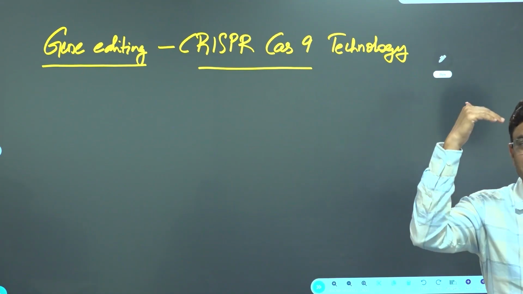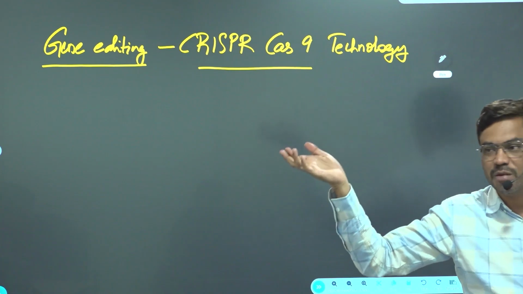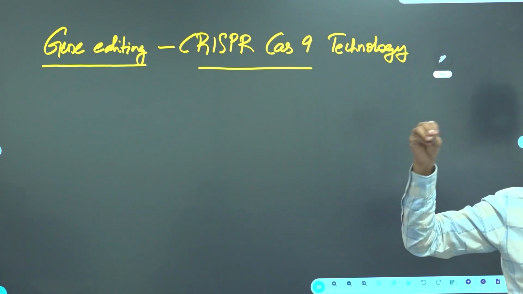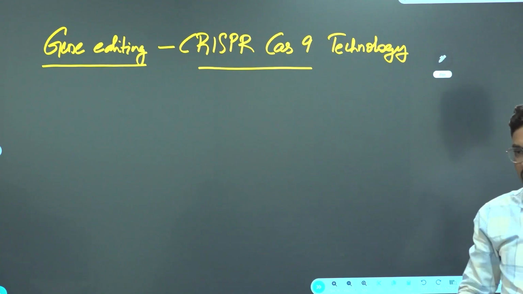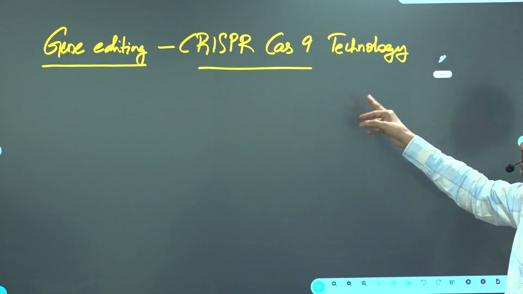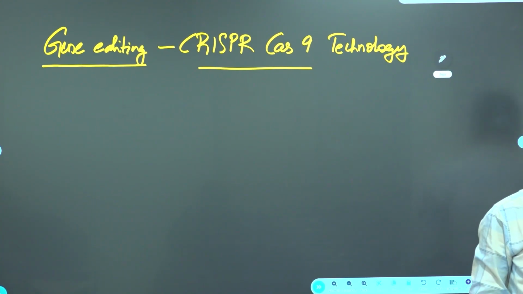He gave options: CAR T cell therapy, CRISPR-Cas9 mechanism, PCR technique, which is an rDNA technology, like that. So the answer was CRISPR-Cas9 technology.